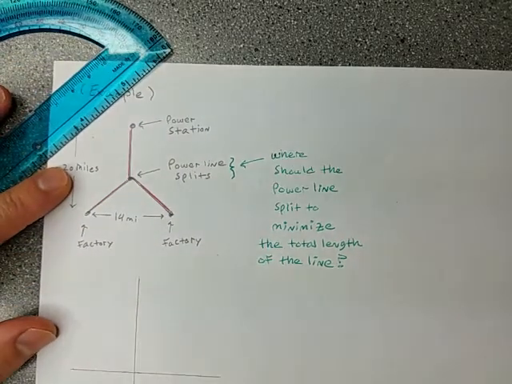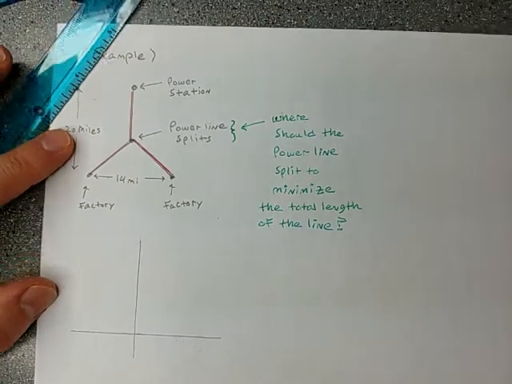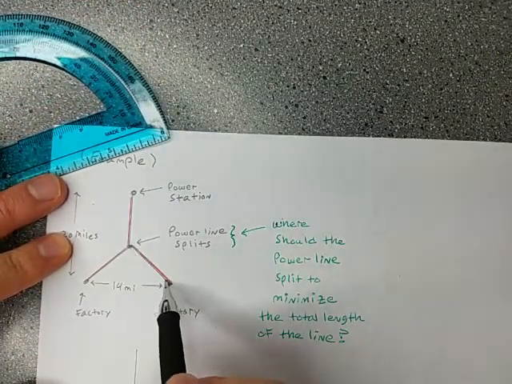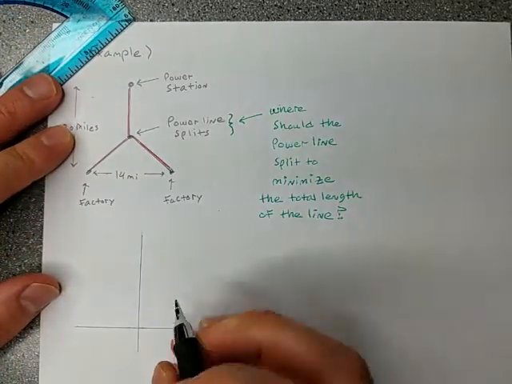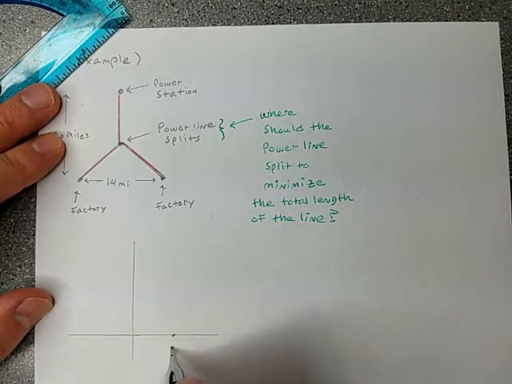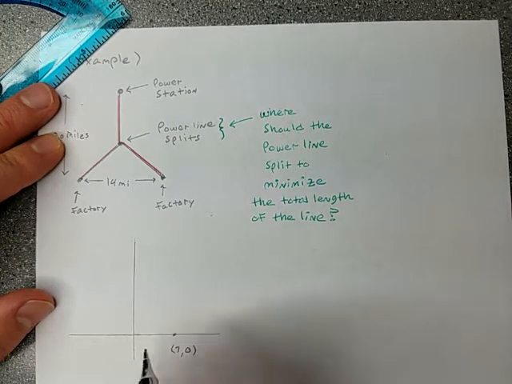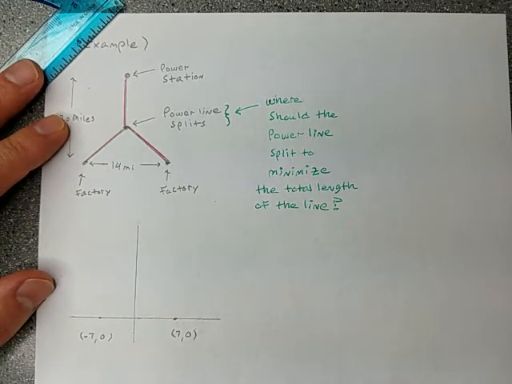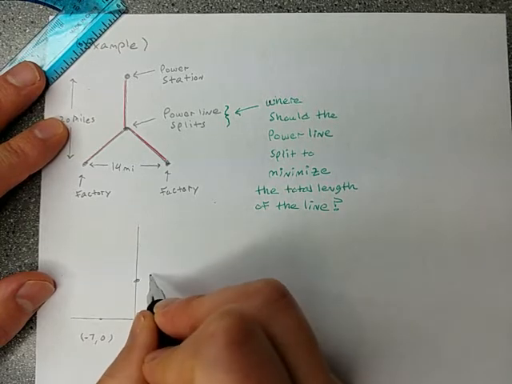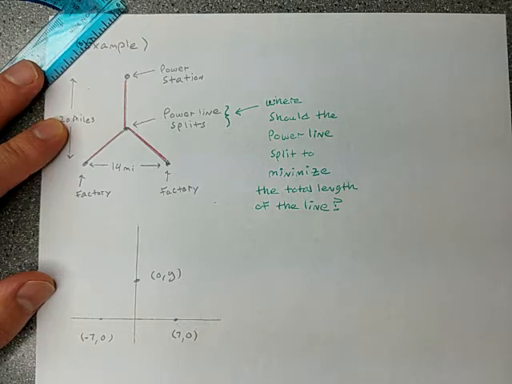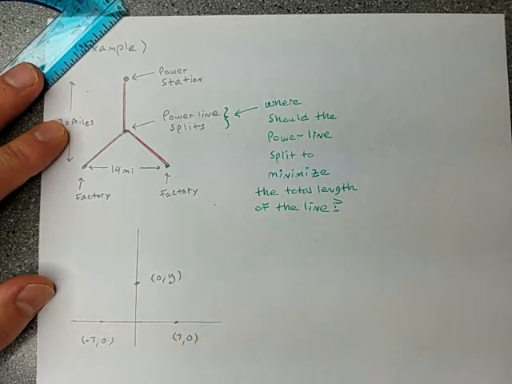So I might put it like this, okay? As my diagram puts it, the split is right in the middle of those, so they're equally distant from each other. So maybe one of them is at 7, and the other one is at -7, okay? And then I'm wondering where this point should be, which is the split, so I'll put (0, y), putting it as some point on the y-axis.